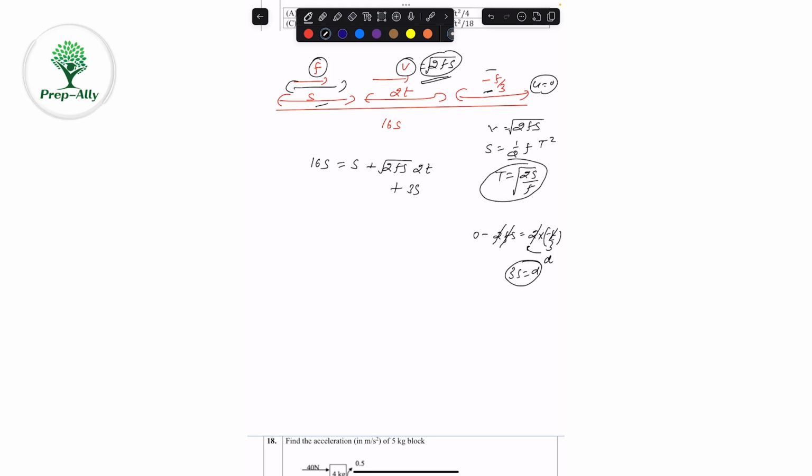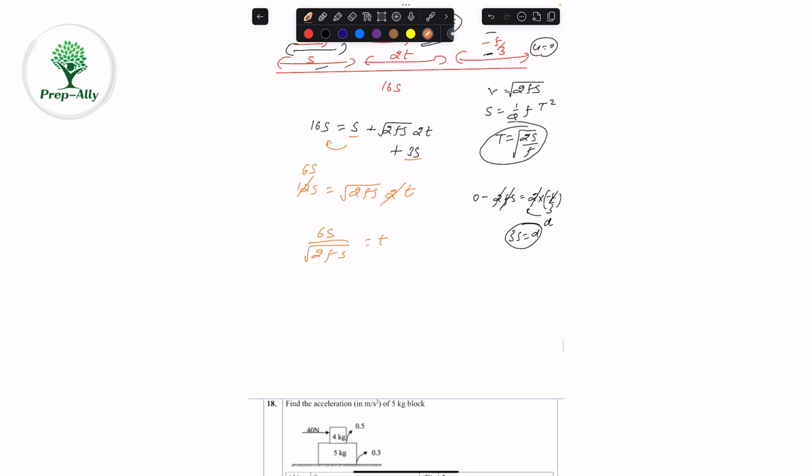Now if I find the relations from here, s and 3s gives 4s, so we'll have 12s is equal to 2fs root into 2t. 2 and 2 are gone, we'll have 6s divided by root of 2fs is equal to t. Take a square on both sides, we'll have 36s square divided by 2fs is equal to t square.